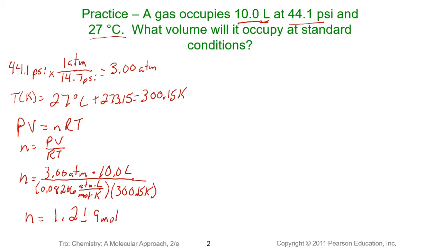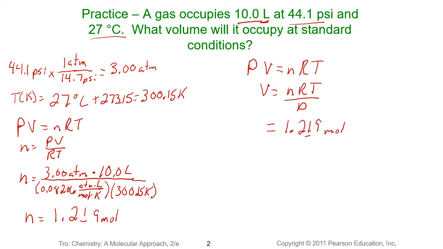Now, if that exact same gas is at STP, standard temperature and pressure, we can use our ideal gas equation to solve, under these new conditions, what the volume will be. So we just calculated the number of moles of our gas.